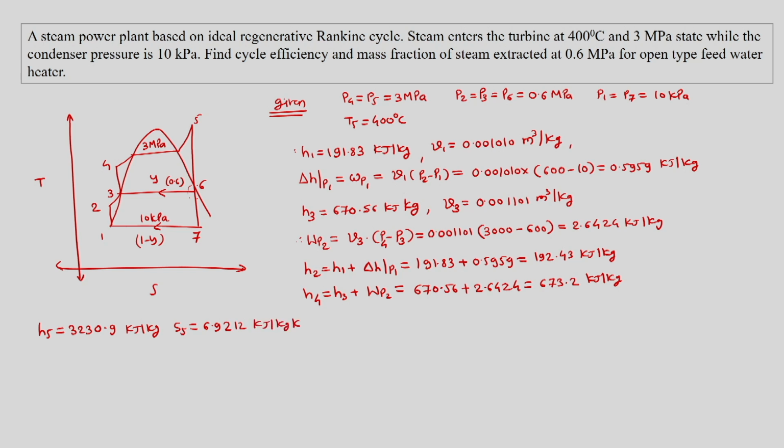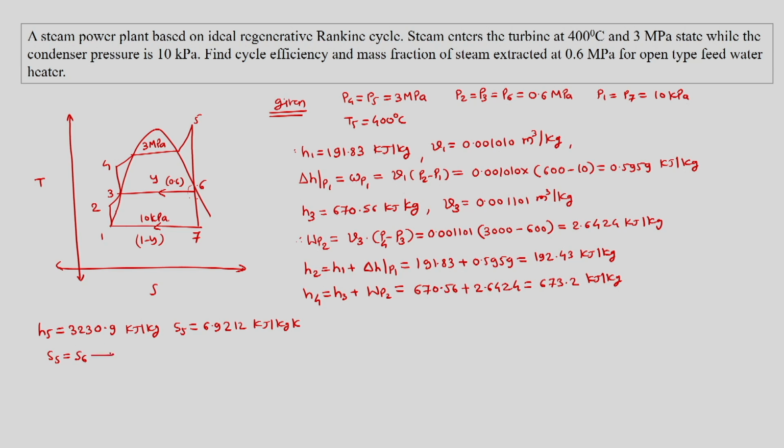After this we will find state 6, where we have S5 is equal to S6, and for that we will have to go into the steam table and find at what temperature at 0.6 megapascal we will have the same entropy as that of S5.